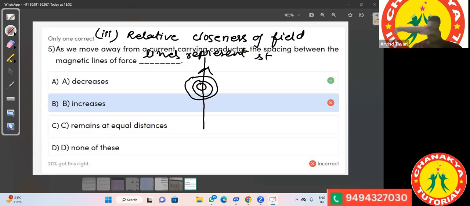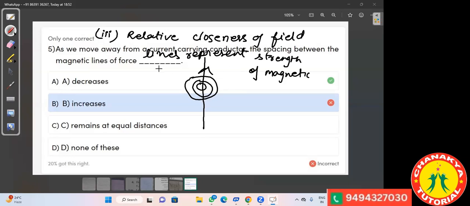Yes, sir. It represents the strength of the magnetic field. So if the magnetic field lines are closer, then the field is stronger. If the magnetic field lines are far apart, the field is weaker. So near the wire, the field is strong, and away from the wire, the field is weak. Therefore, away from the wire, there will be more distance, more spacing between the lines.